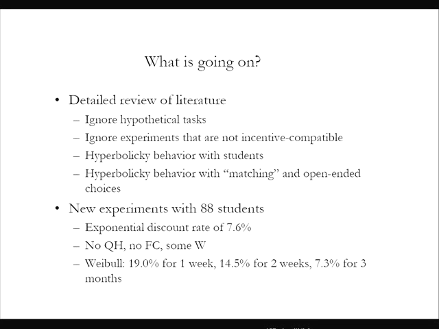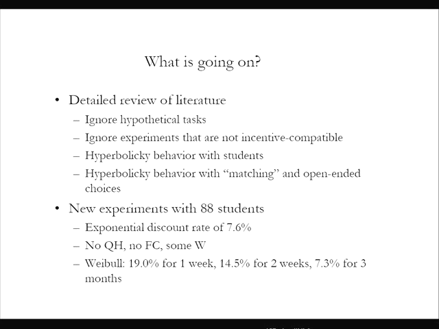However, for the Weibull specification, when we make a prediction there, we do find that the discount rates are somewhat higher for the shorter time horizons. So 19% for 1 week, and it goes down to 7.3% for 3 months. So there's a tendency for more hyperbolic behavior among these students compared to the overall sample of the population that we have.